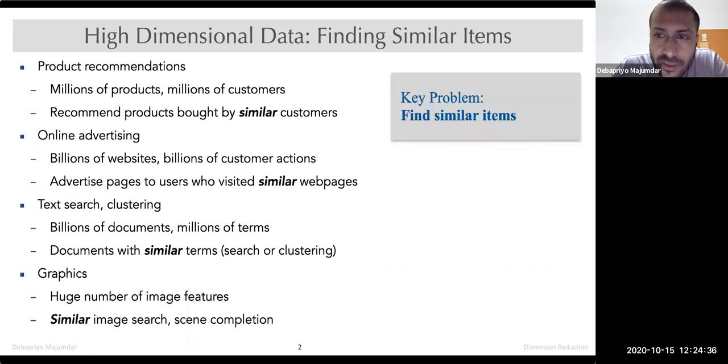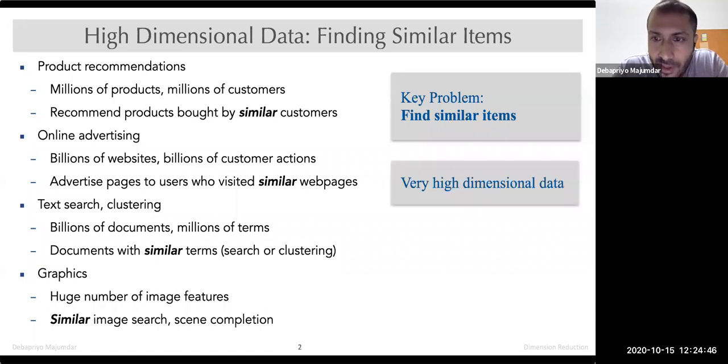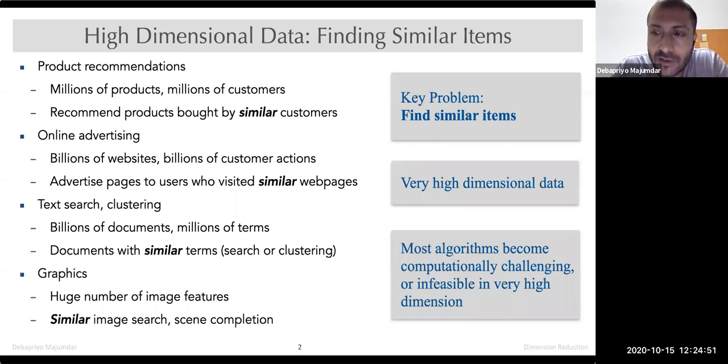So the main problem is finding similar items. Of course, this is not the only problem. Some variation of this will be our problem. And the challenge is very high dimensional data, and most algorithms become computationally challenging or infeasible in very high dimension.